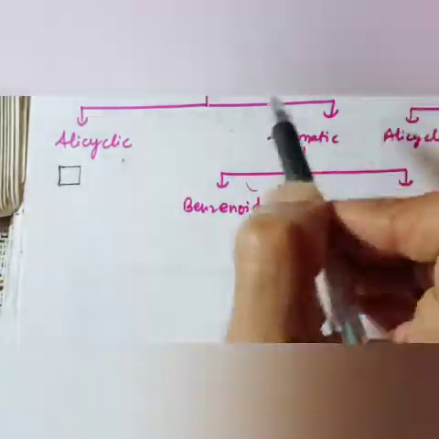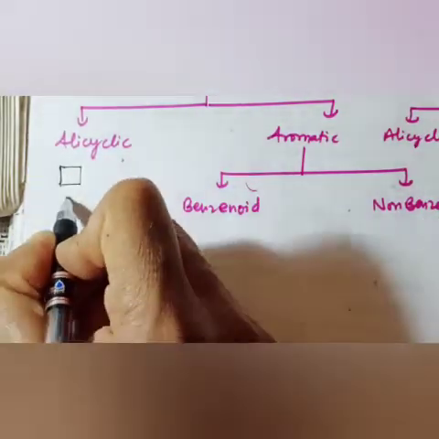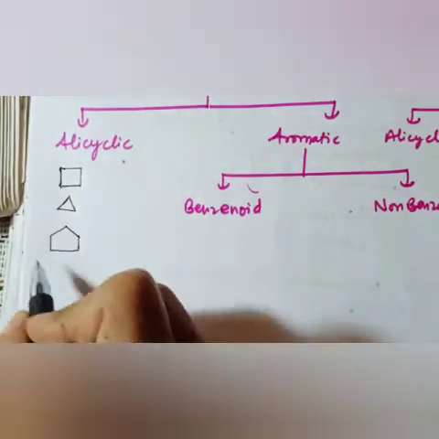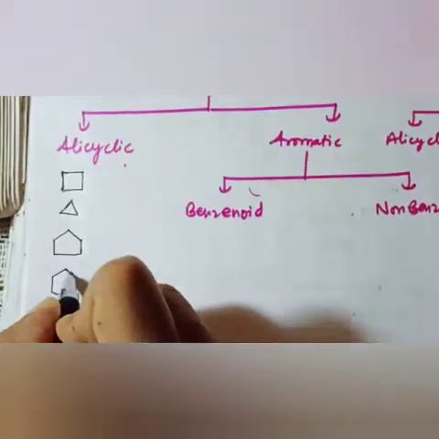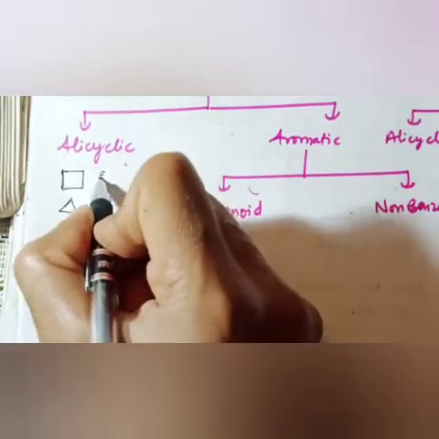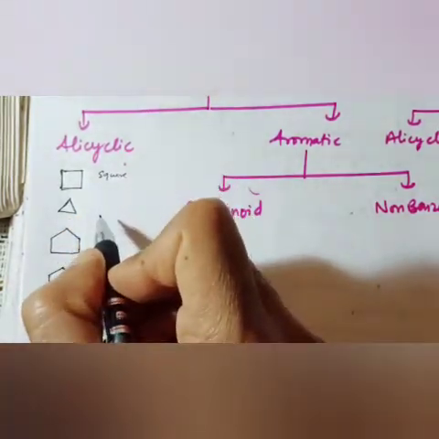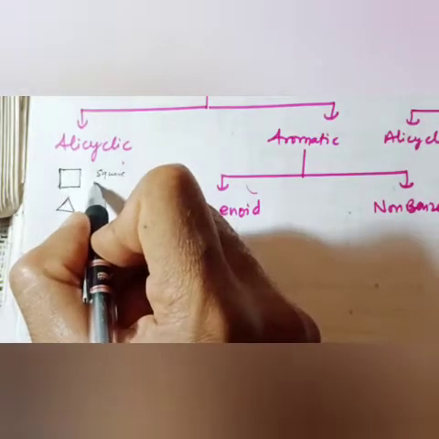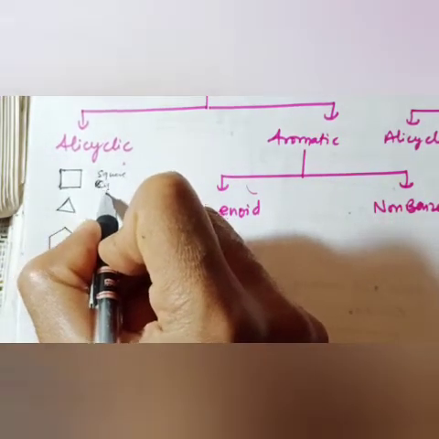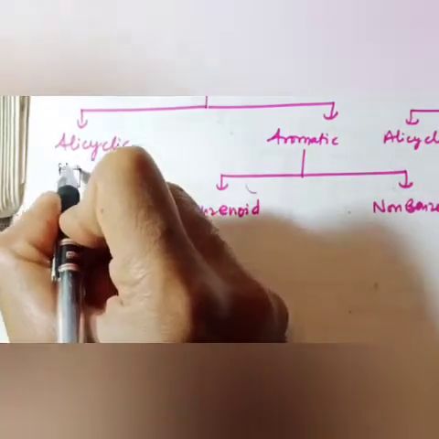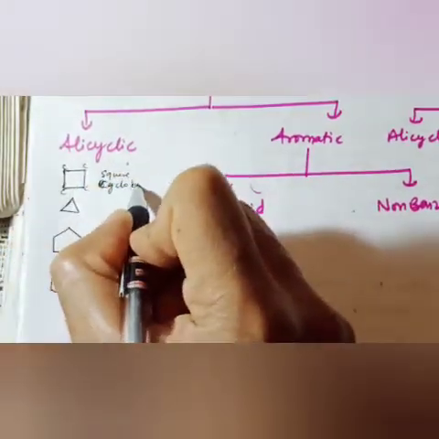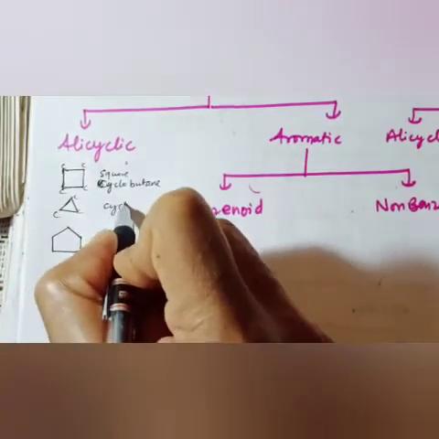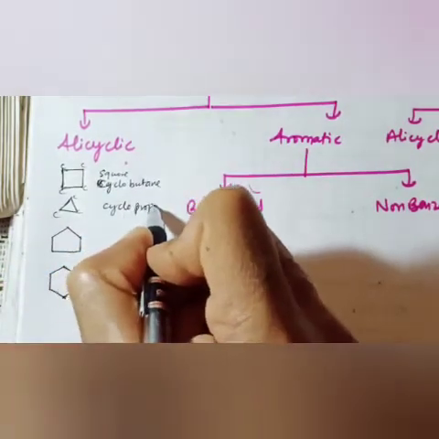Although it is closed, there are 4 carbons, like a square in mathematical geometry, but here it is cyclo. How many carbons are there? 1, 2, 3, 4: cyclobutane. And here 1, 2, 3: we will use the word cyclo, cyclopropane.